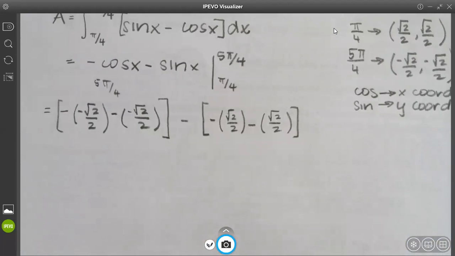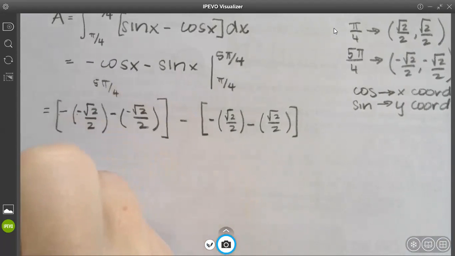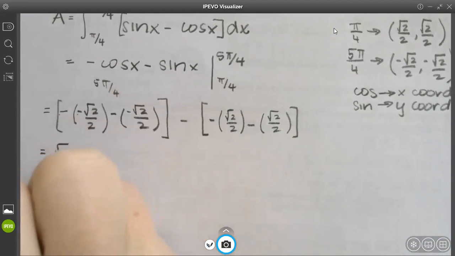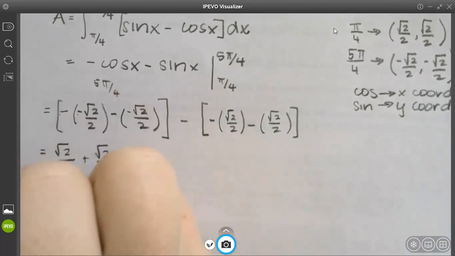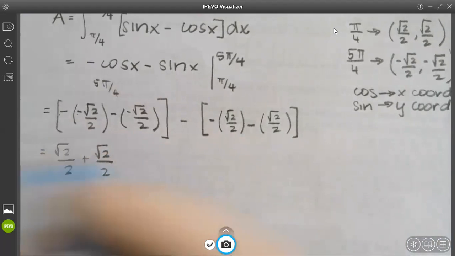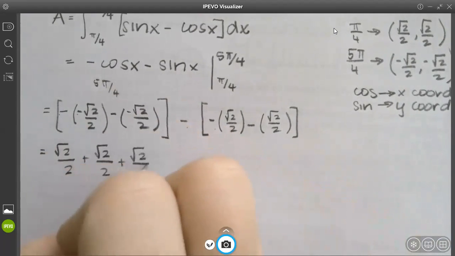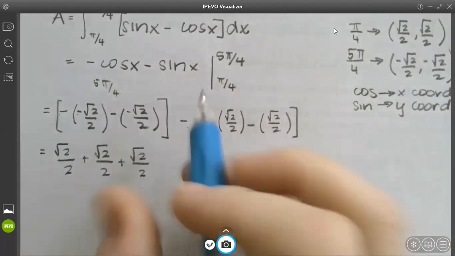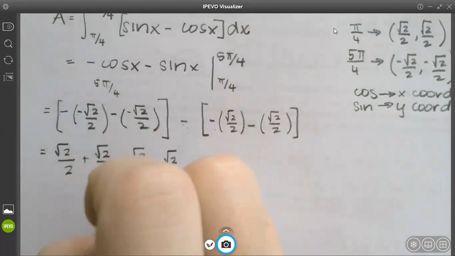Then we're just going to fix our signs and simplify. A negative negative makes a positive. A negative negative makes a positive. What do we actually have?